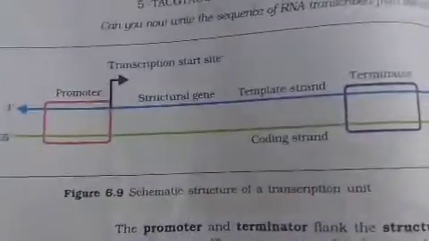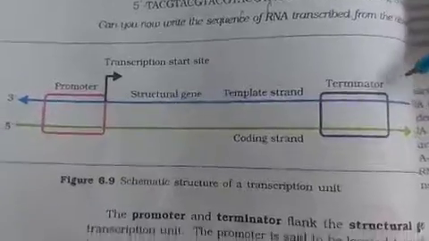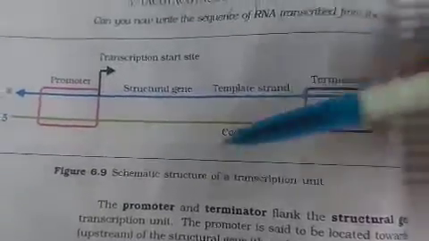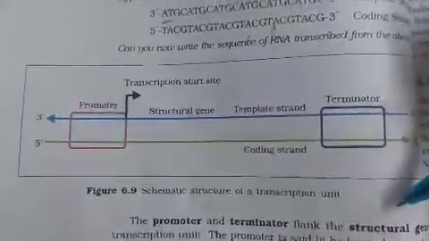So next is transcription unit. The transcription unit consists of 3 different parts. Number 1, promoter. Number 2, structural gene, and number 3, terminator. The promoter and terminator link the structural genes.